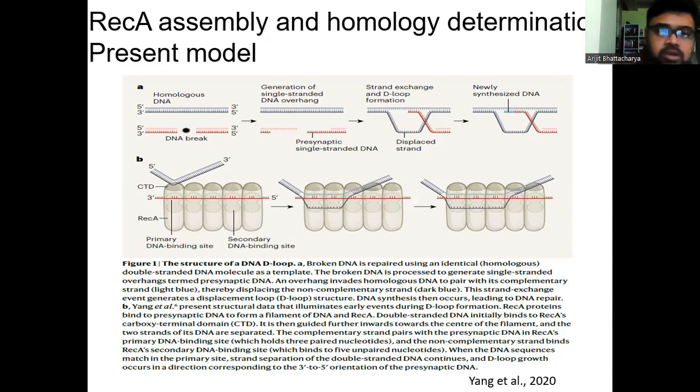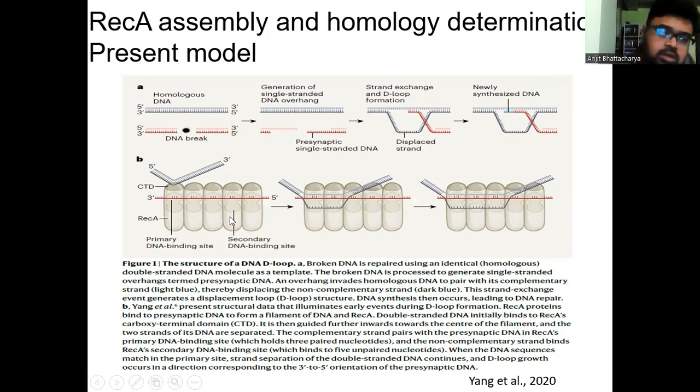So in terms of recombination, the first step is identification of the DNA. Then the second step is the D-loop formation initiation, and the third step is the initiation of synthesis of new DNA by the homologous recombination mechanism.